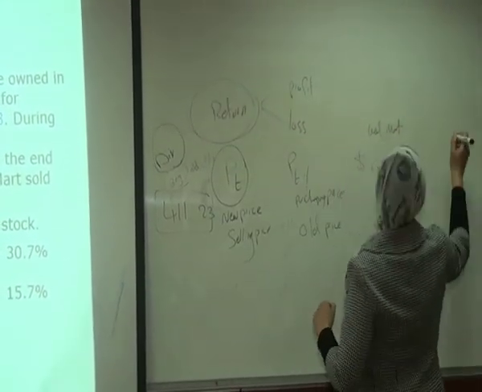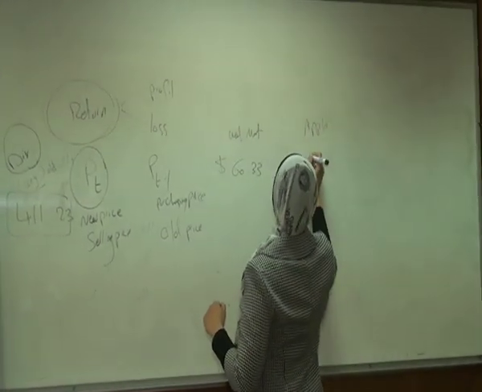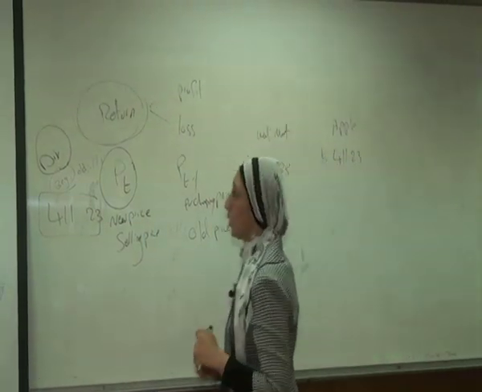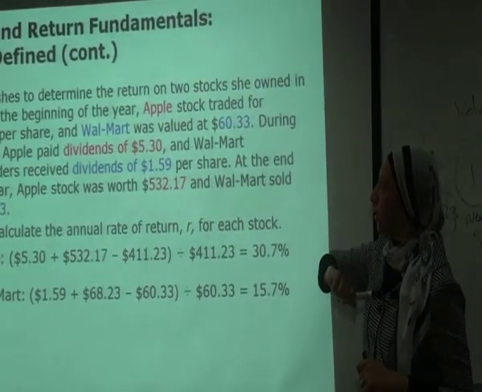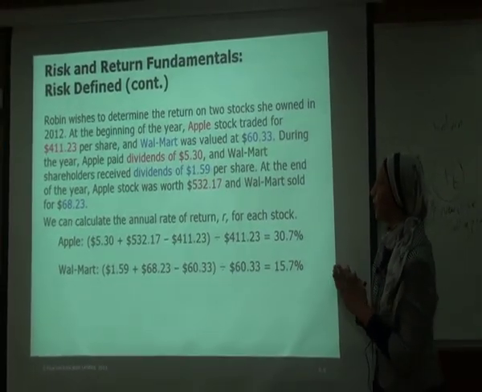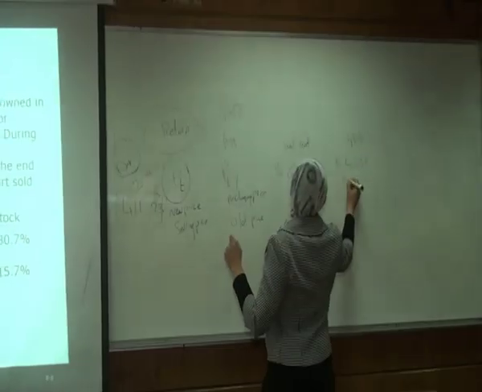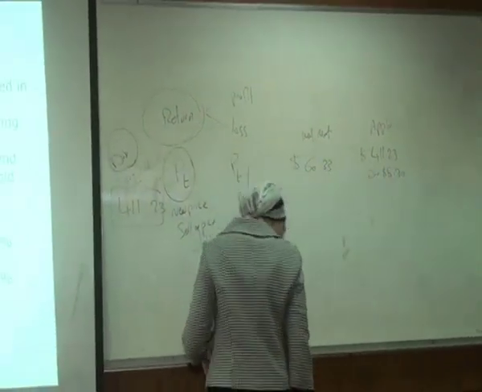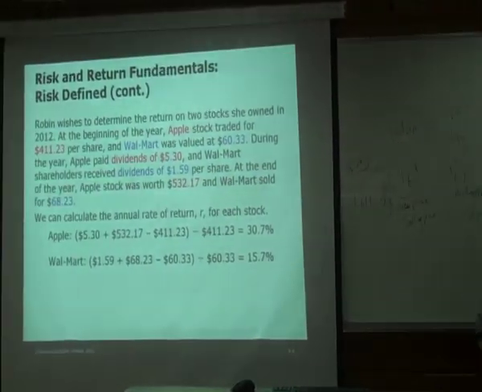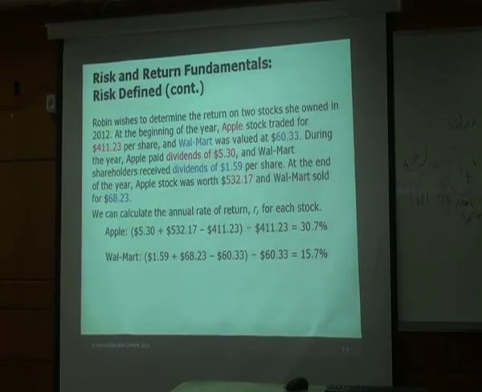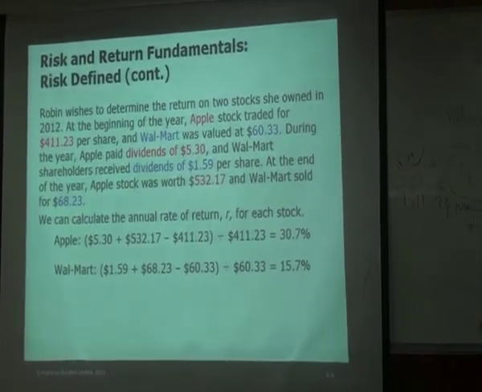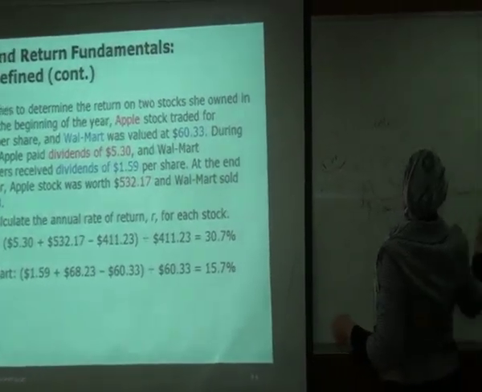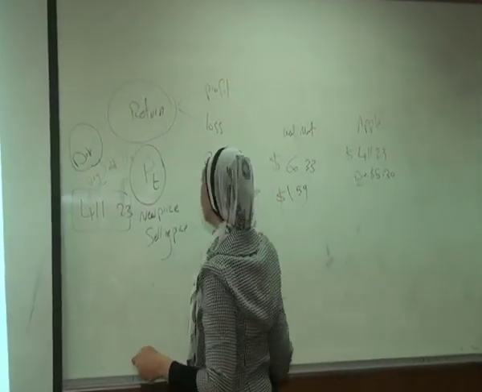Let us write it here. The stock was $411.23. Okay, this is the beginning price. During the year, Apple paid dividends of $5.3, and Walmart paid dividends of $1.59.